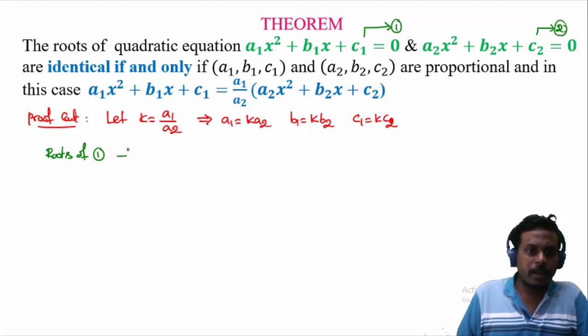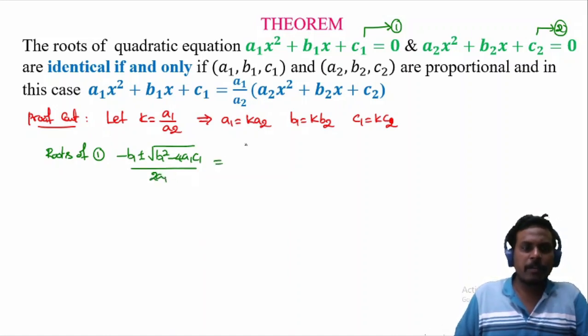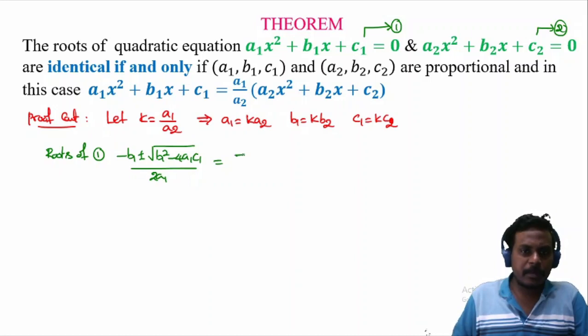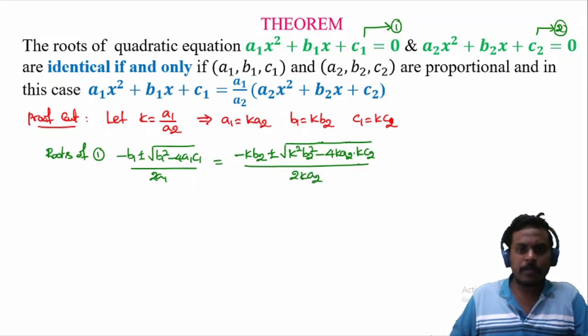The roots of equation 1 are minus b1 plus or minus under root b1 square minus 4a1 c1 divided by 2 into a1. If I am substituting these expressions there, this becomes minus k into b2 plus or minus, this is k square b2 square minus 4 into k into a2, this is k into c2, divided by 2 into k into a2.